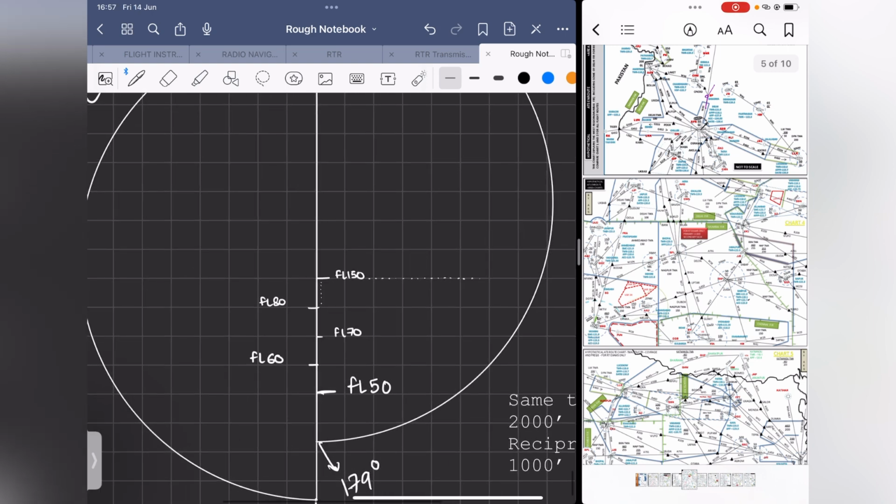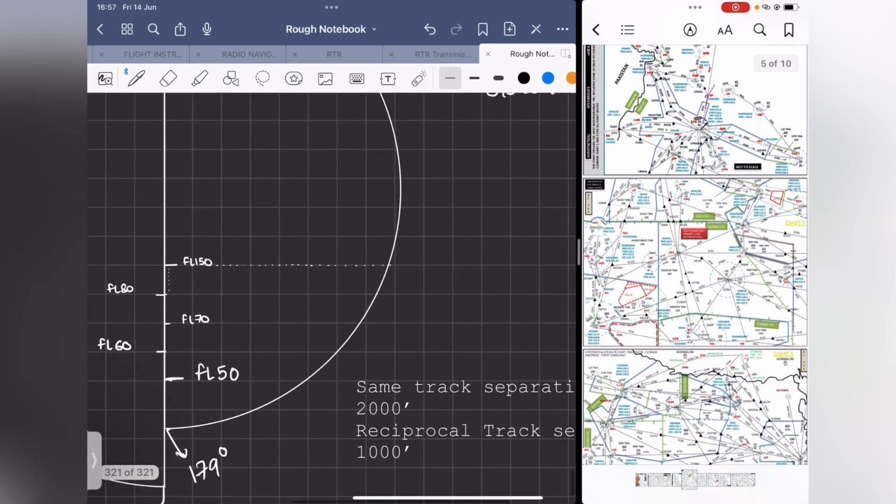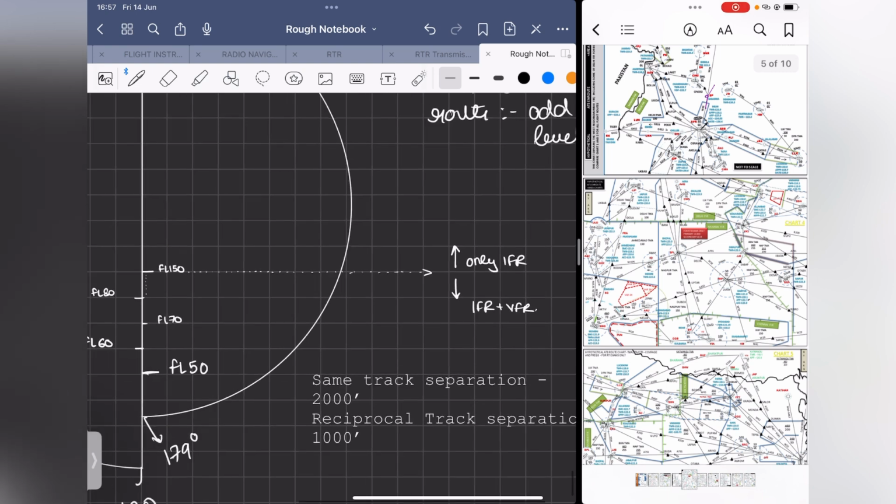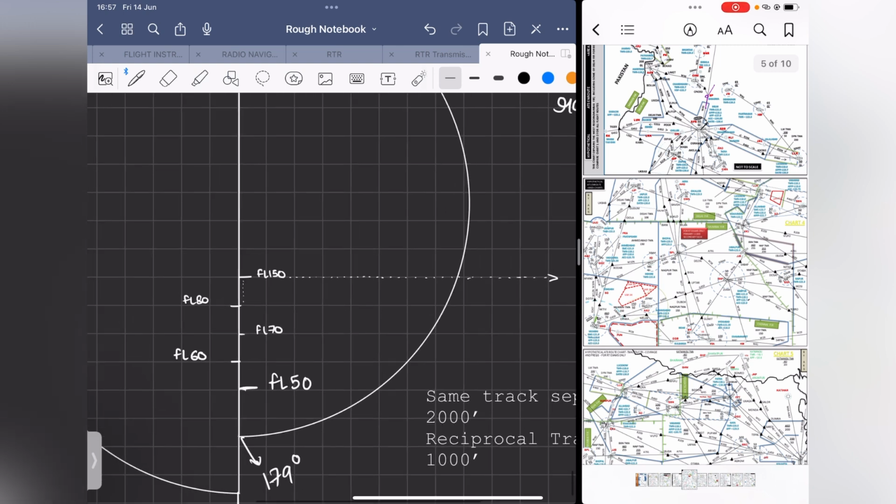It says that VFR flights are not allowed above this flight level. So any flight level from 50 to 150 can accommodate both IFR and VFR flights. Anybody above flight level 150 is going to have only IFR flights. So that's our first restriction.